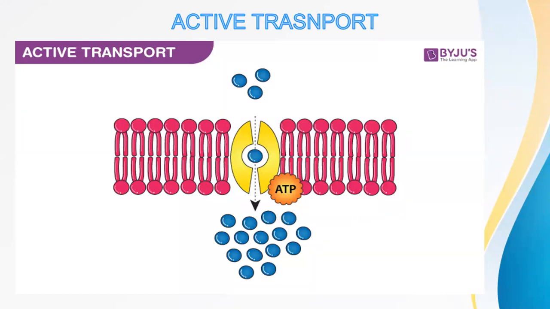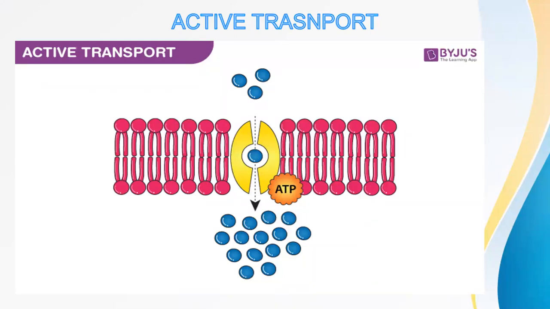Once the carrier protein is inside the cell, it detaches or leaves the molecule using energy from ATP. You already know that all living cells use energy in the form of ATP.